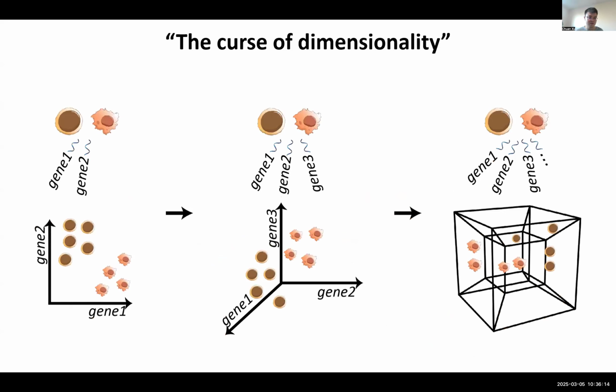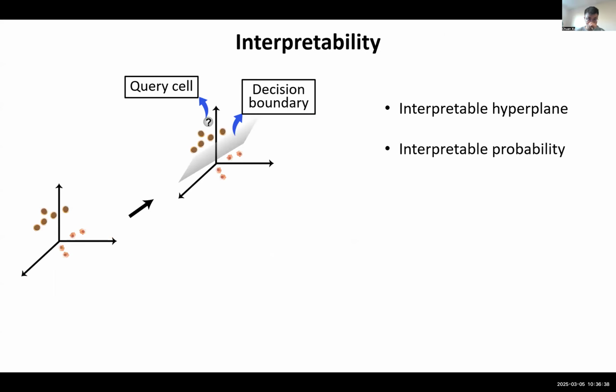Actually, you can imagine that with only a handful of genes, cell annotation and classification is a relatively simple task. So with CellTypist, our ultimate purpose is to resolve the high dimensionality imposed by tens of thousands of genes in the single cell data. Our first focus is interpretability.